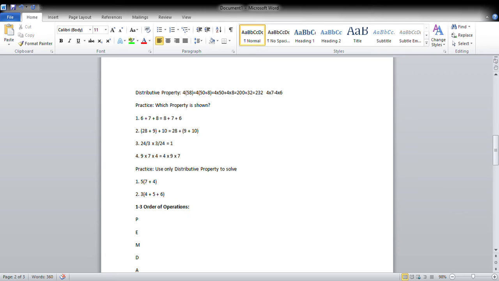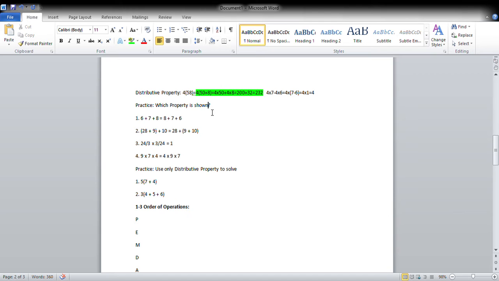We can combine this and make it 4 times 7 minus 6. That equals 4 times 1, and that equals 4. So this is just combining what we did over here. But the main thing you have to learn is probably being able to form this 4 times 50 plus 8 into this. So yeah.